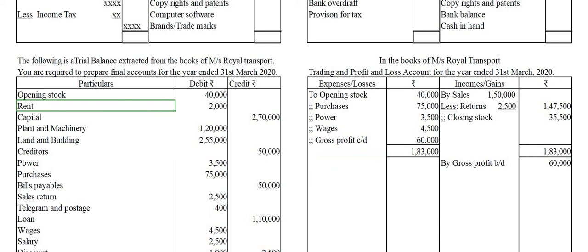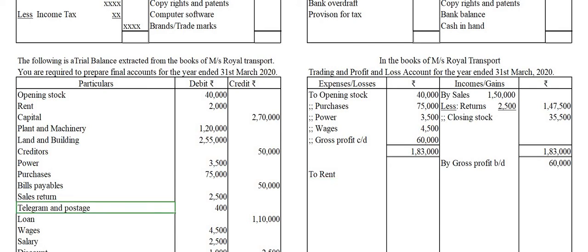Then rent is there, so we can write the next item, rent is written. Then after rent, power already taken, bills payable, sales return already taken. Yes, next telegram and postage. So let us write the next item, telegram and postage.